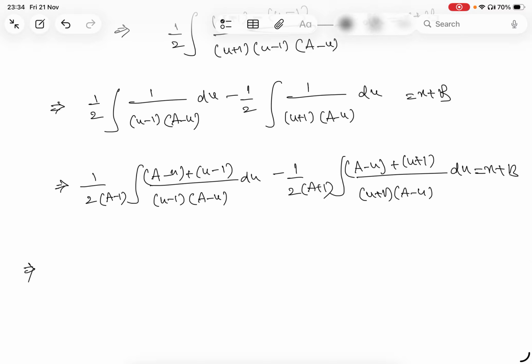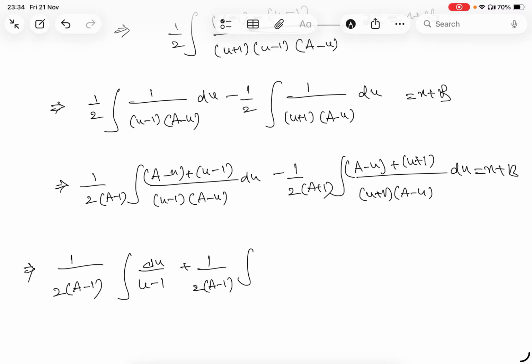Now, let's simplify this further. The first term will be 1 by 2 into a minus 1 into, as you can see, a minus u will get cancelled and you are left with 1 by u minus 1 du, plus 1 by 2 into a minus 1 into, in this second term, u minus 1 will get cancelled and you are left with integral 1 by a minus u du. Fine.